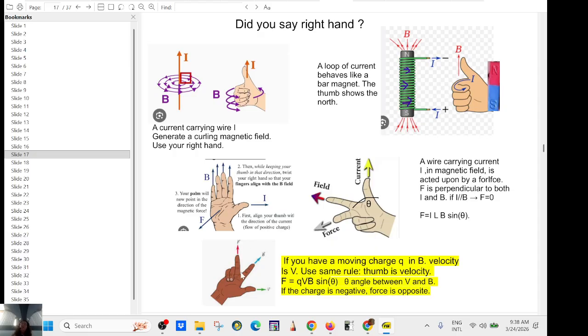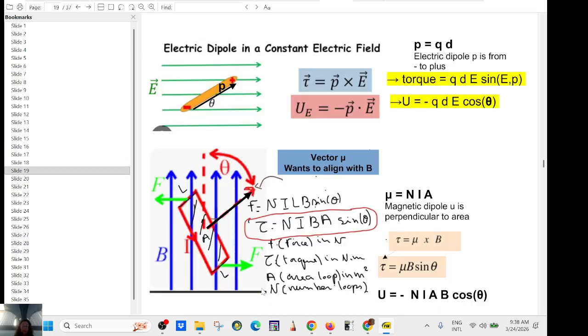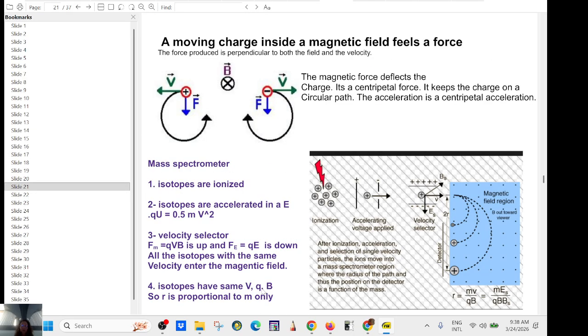It cannot make the particle go faster or slower. It works only if you have a charge, only if the charge is moving, only if you have a component of the magnetic field perpendicular to the velocity. That's the definition of the cross product. So that's just review over and over again.